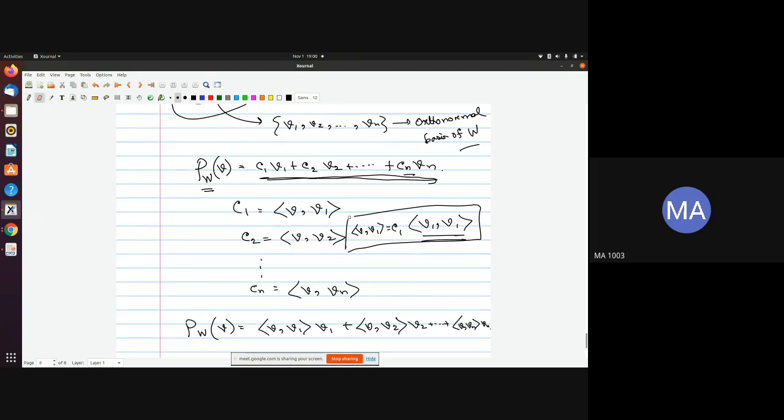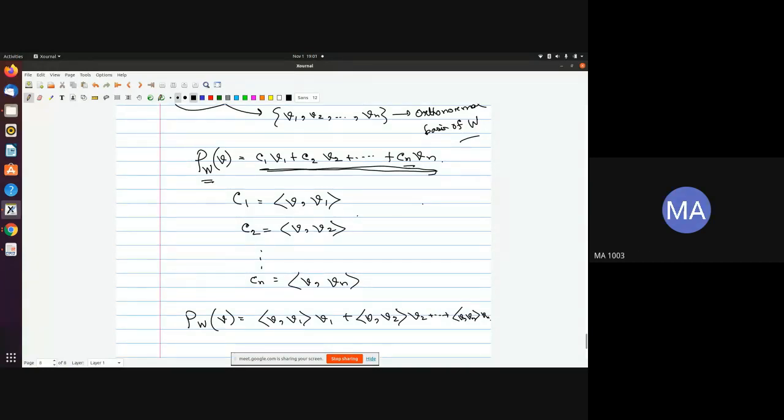So this is what basically we want. Anyone has any doubt in this? If we don't have orthonormal, if we have only orthogonal, then basically C1 will be the inner product of V and V1 divided by the inner product of V1 with V1.